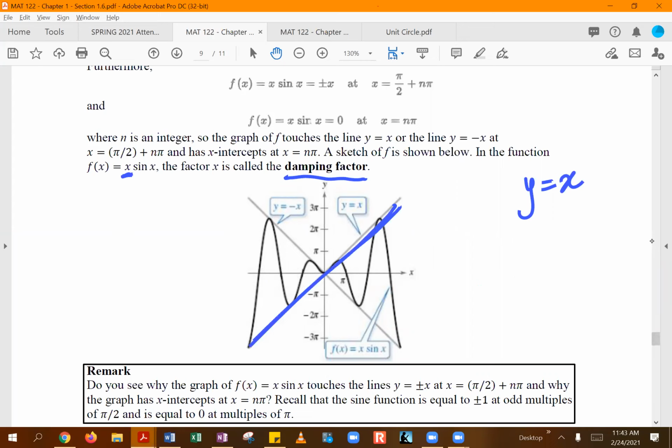So it's like an imaginary line. It doesn't actually show up, but you will see how it changes the shape of our graph over here, because now instead of having just a smooth sine curve like we've seen, it's restricted by this line y equals x, and then of course on the negative side you have that negative x.